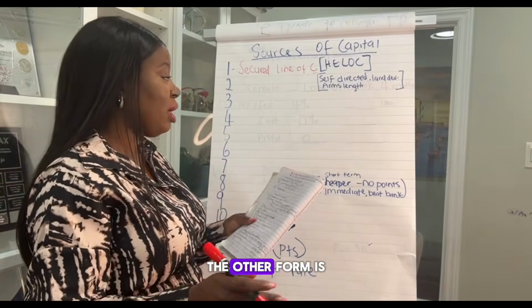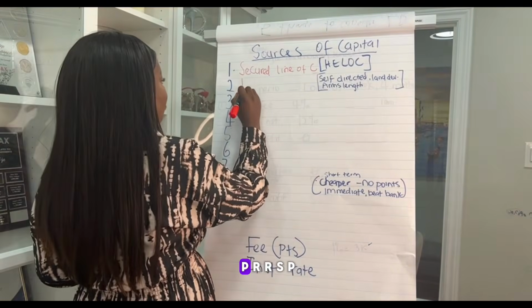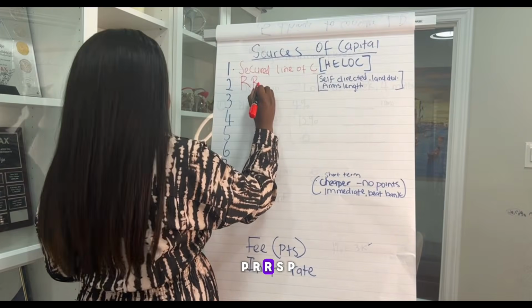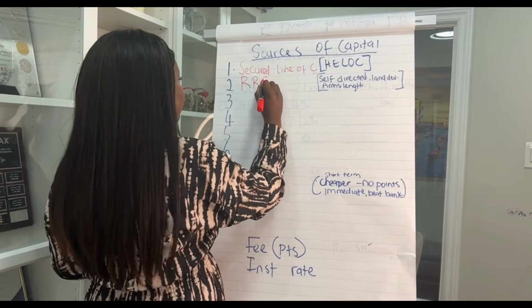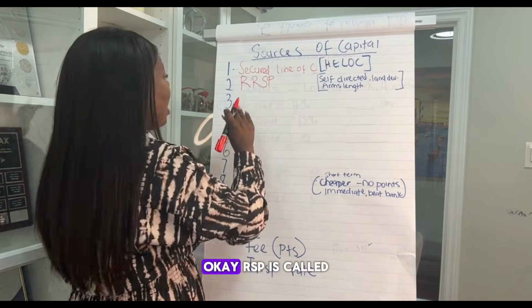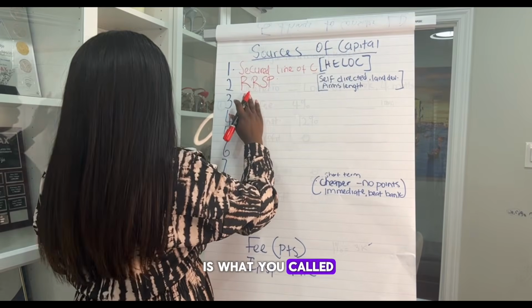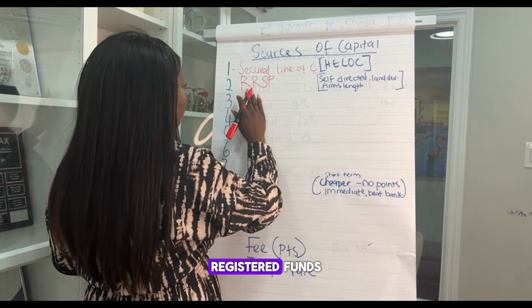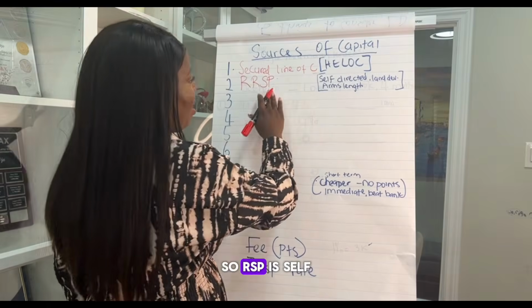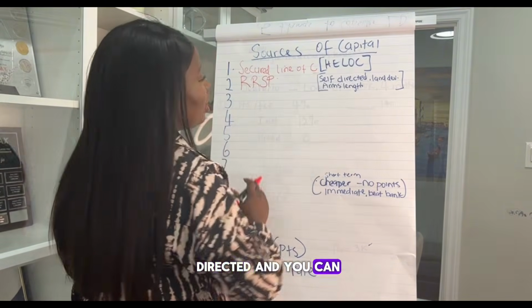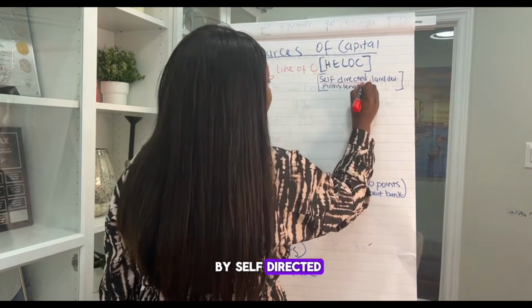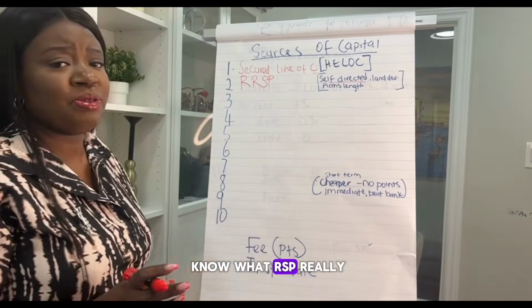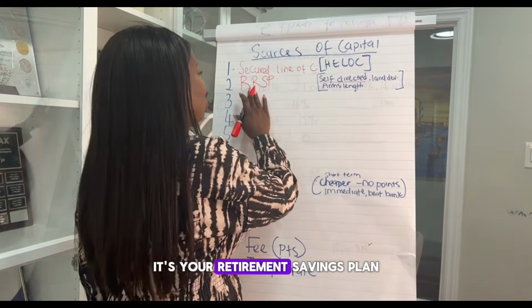Okay, the other form is called RRSP. RRSP is what we call registered funds. So RRSP is self-directed, and you can use it. What we mean by self-directed, a lot of you know what RRSP is, right? It's your retirement savings plan.